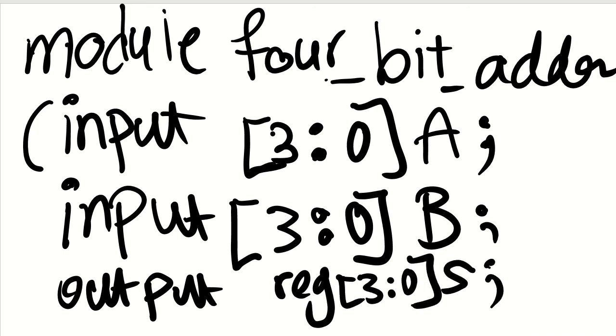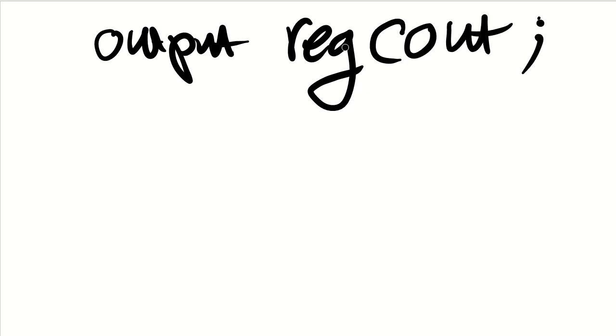One of them is S, and C out is just C out. I don't have any space, so I go to the next line. So you say output, and it's register, and you say it's C out, and then you write your code. I mean, you connect the modules to make a 4-bit adder and then end module.